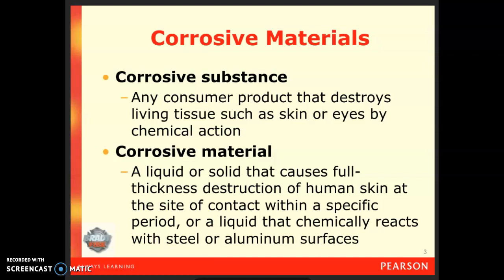A corrosive material is any kind of solid or liquid that causes full skin thickness destruction of your skin at a particular site of contact in a particular amount of time, or, a little bit more globally, a liquid that is able to react with steel or aluminum surfaces. So those classify as corrosive materials as well.